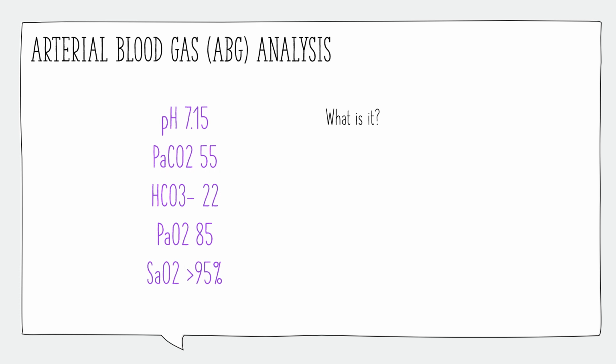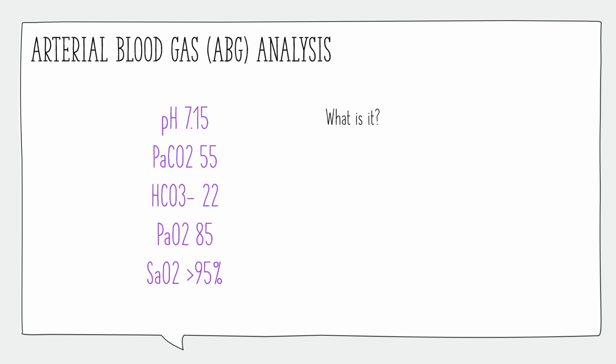All right, number 3, give this one a try. All right, so this one, the pH is low. We can see that. Normal is 7.35 to 7.45. The pH here is low at 7.15, so we automatically know this is acidosis.